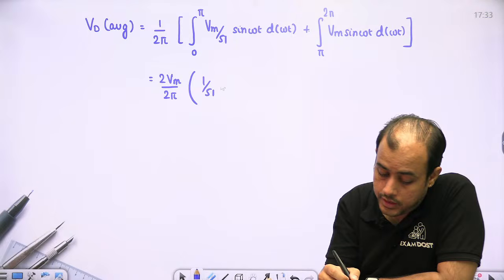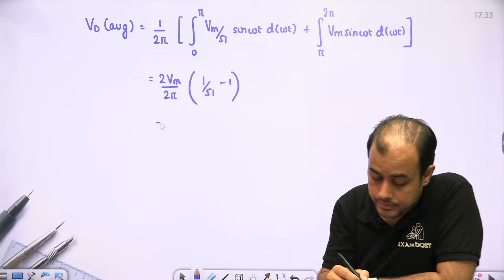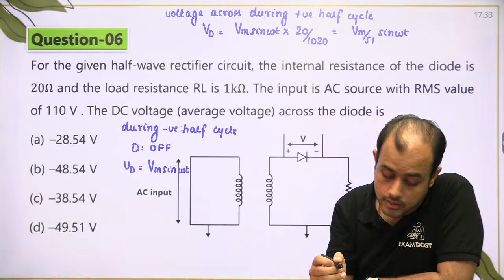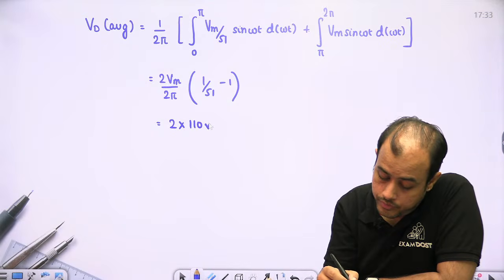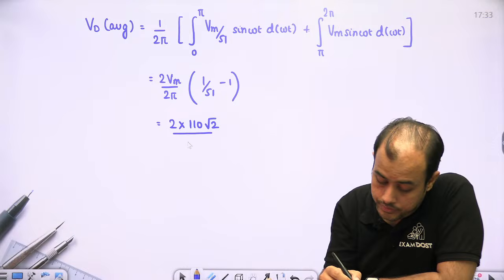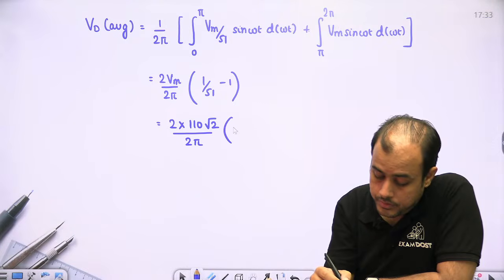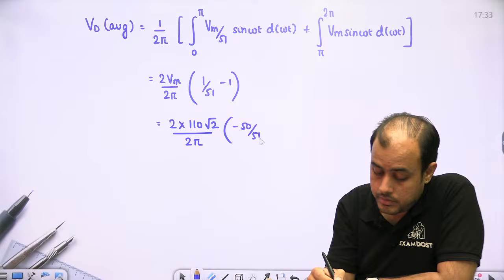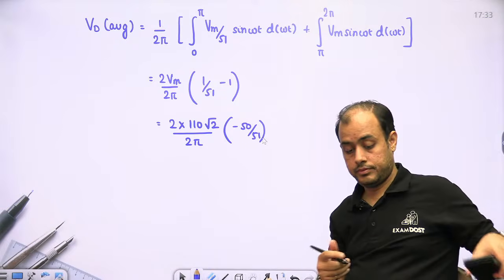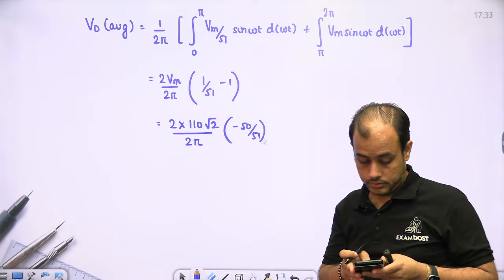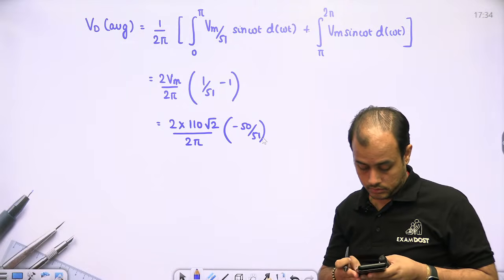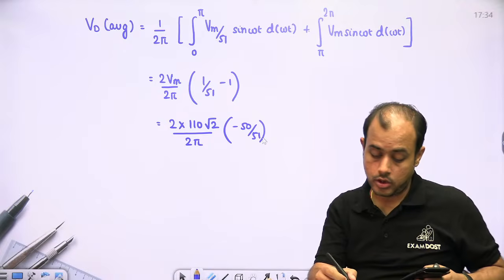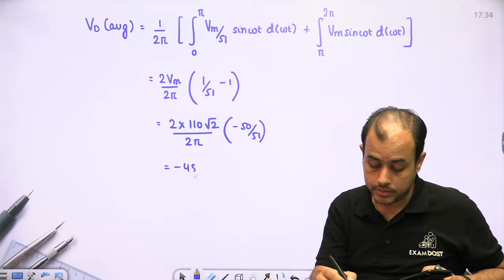One by 51 minus. What is Vm? 110 root 2. .54.